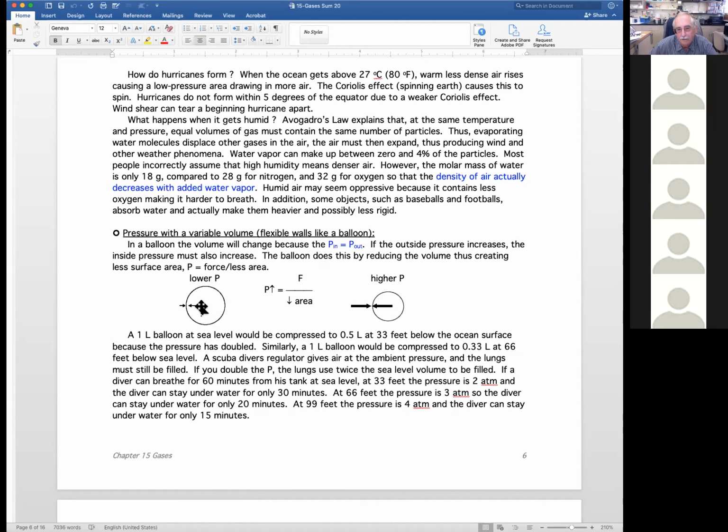Okay. And then what happens if I increase the pressure? If I increase the pressure and the force stays the same, the force has to be equal in and out. What happens to change it? Well, the area decreases. So if I increase the pressure here, the pressure inside still has to be the same. But in order to do that, the volume of the balloon decreased.